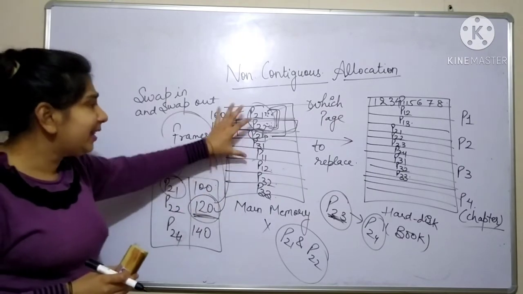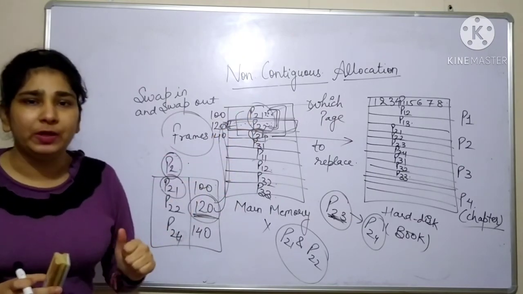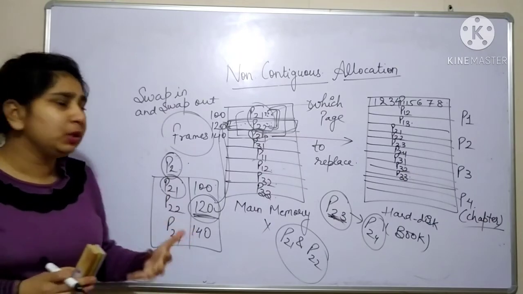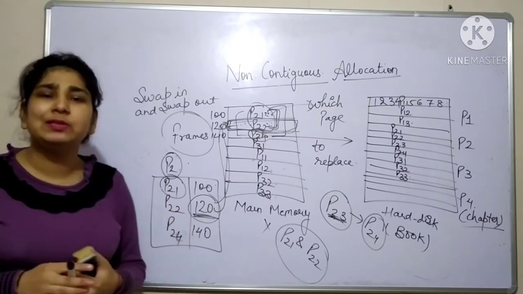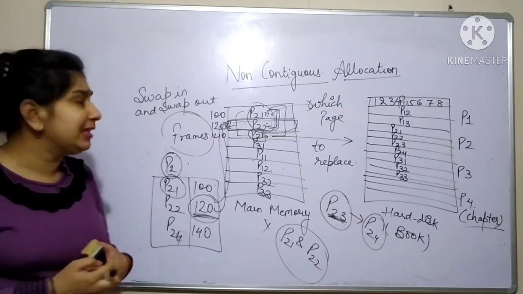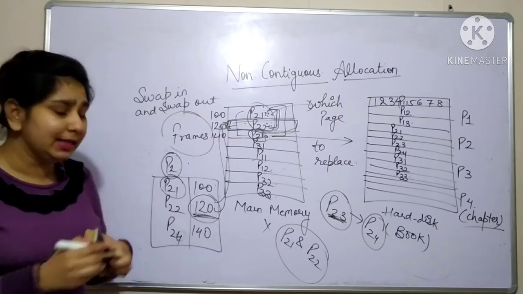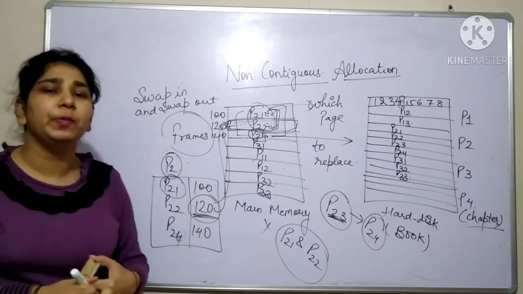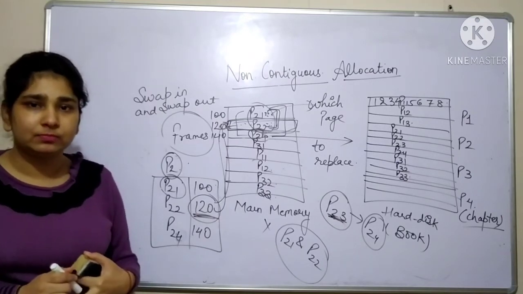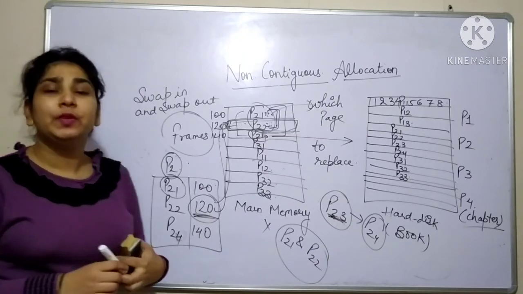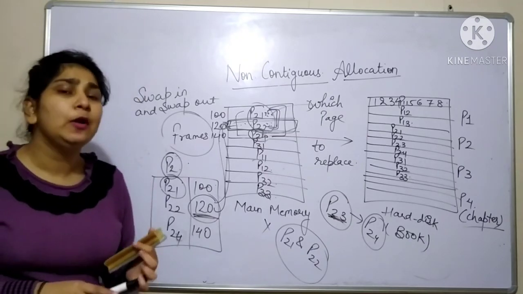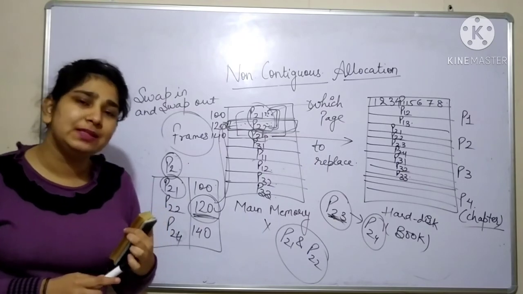Nothing is fixed in the main memory. At any location your instruction might be present. So if your CPU requires some instruction, how are we going to find that instruction in the main memory? We will discuss in the next video.